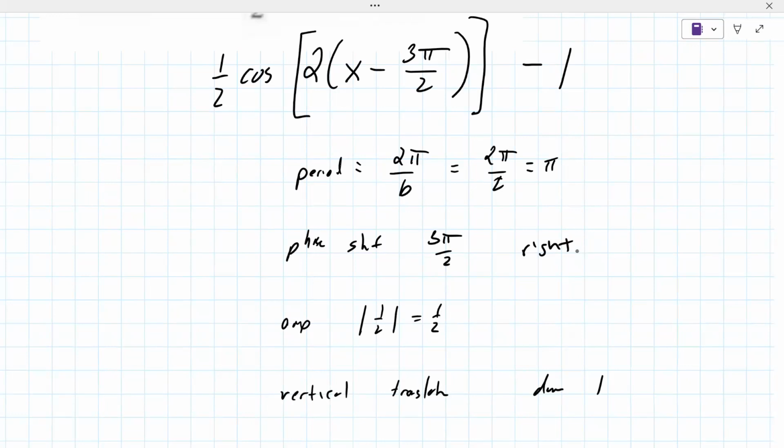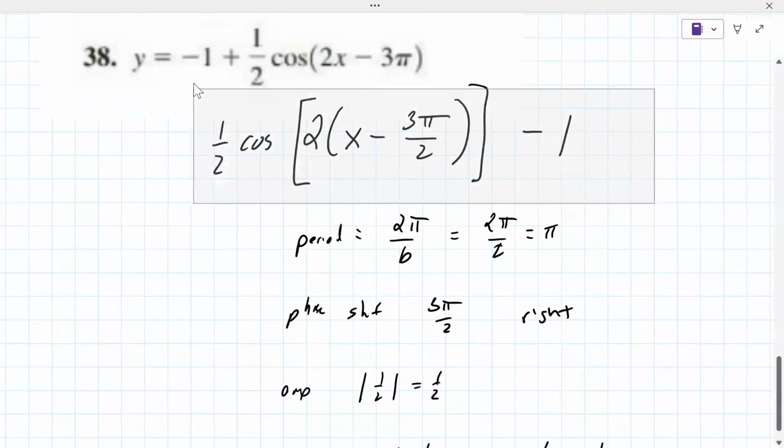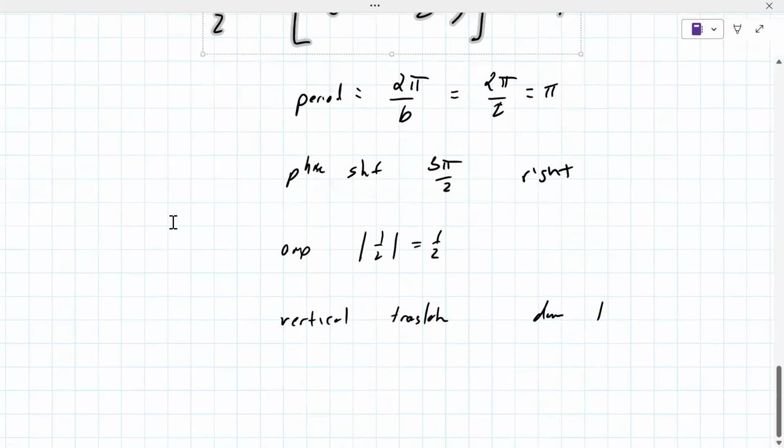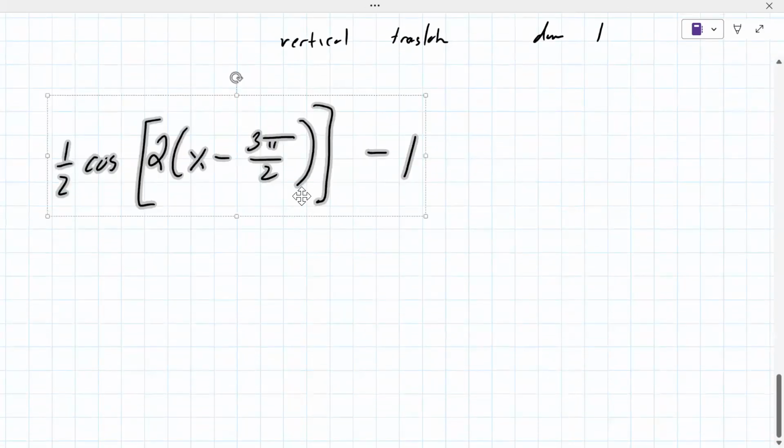Any questions, thoughts on that? No, that makes sense. Could you graph it though? Sure. And that will demand that we change that one half to something else when we graph it.